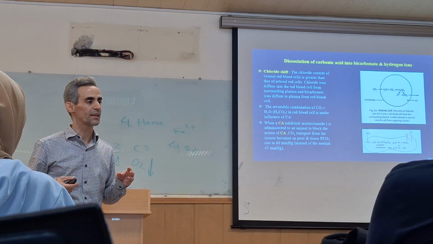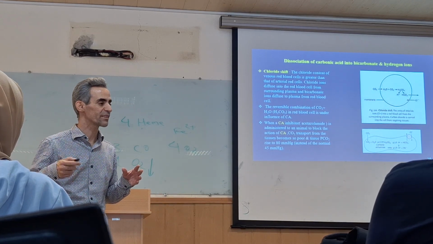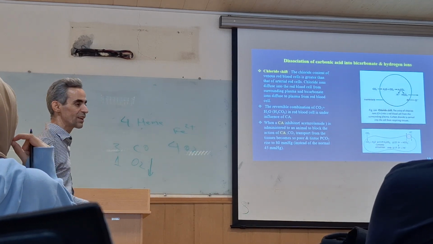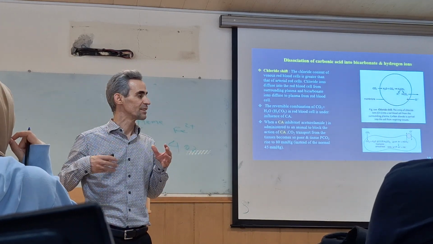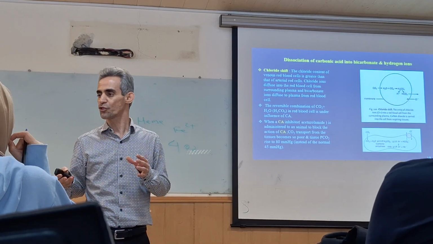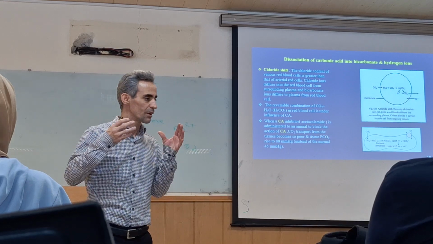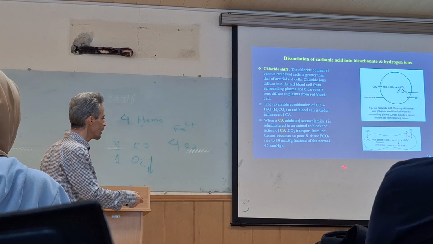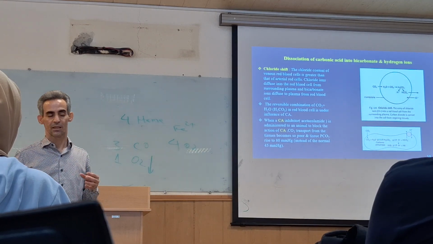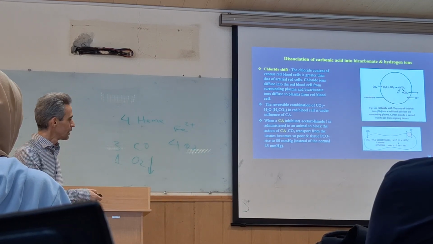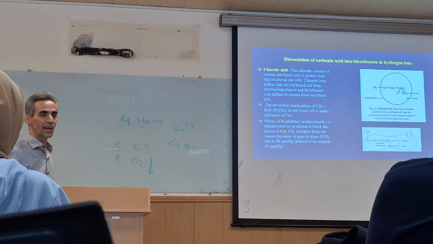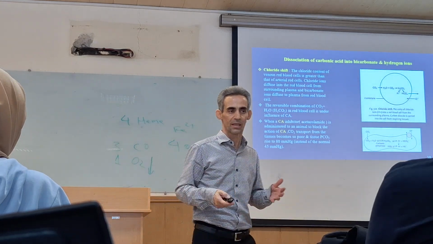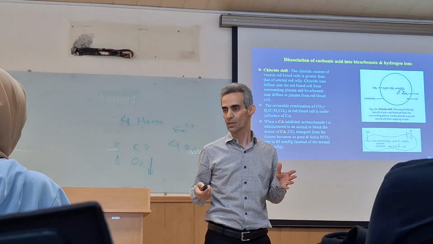This catalyst is an enzyme by the name carbonic anhydrase. Carbonic anhydrase accelerates, increases the speed of this reaction between water and carbon dioxide, and increases the rate and the amount of bicarbonate formation.